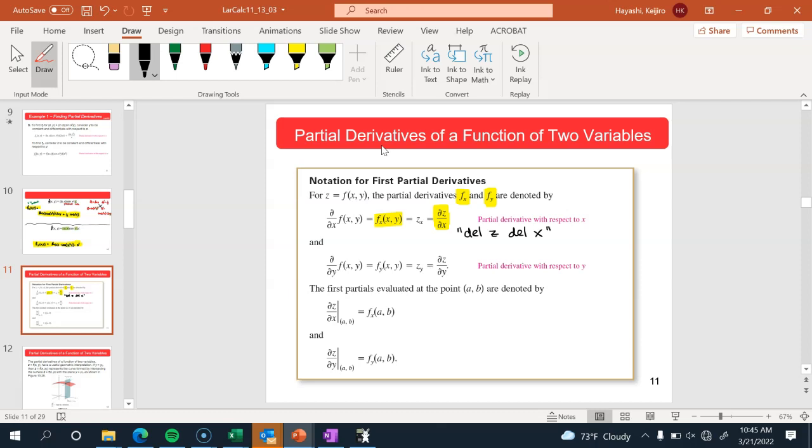As opposed to dz dx, it's del z del x. It denotes a partial derivative, where d is usually reserved for functions of a single variable and an actual total derivative. This little lowercase delta is used for a partial derivative. And same thing, if you have the partial derivative with respect to y, it's del z del y.